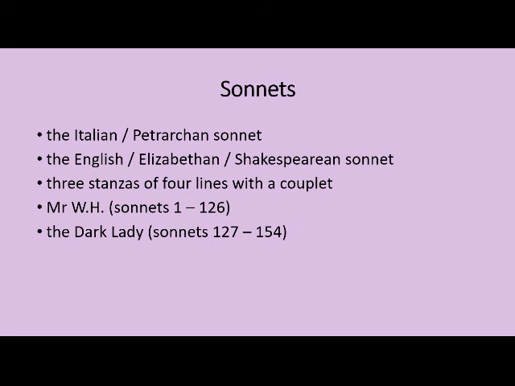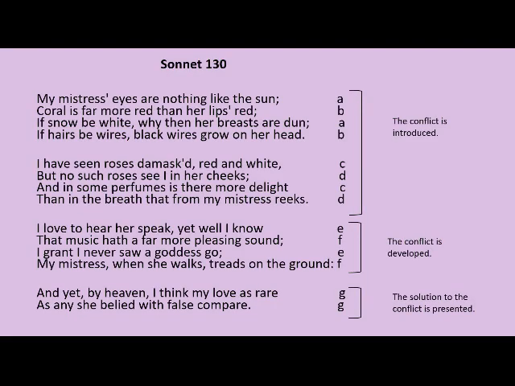And now I would like us to analyze one of the sonnets in a bit more detail. So here you can see sonnet 130. You can guess that it's one of the first sonnets speaking about the Dark Lady. You can see the composition of the sonnet.